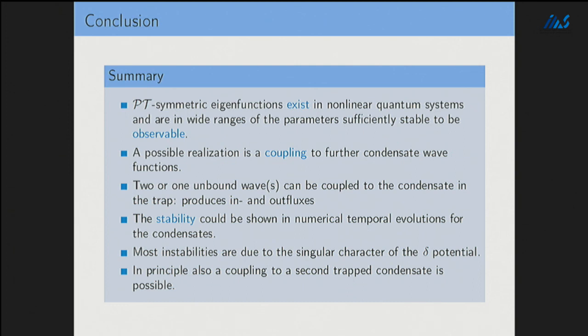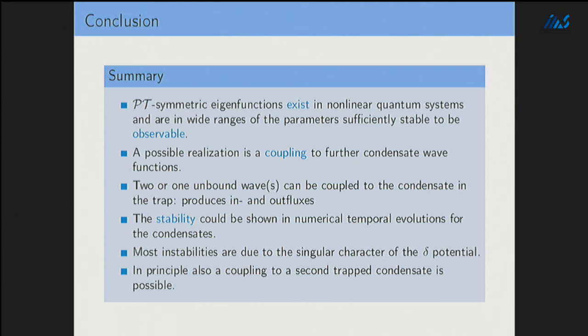One can use 2 or more unbound waves to couple to them, and it could also be shown that there is some stability in the system, and basically all instabilities we found are responsible for this are these delta potentials mainly we used. So in particular its singular character.